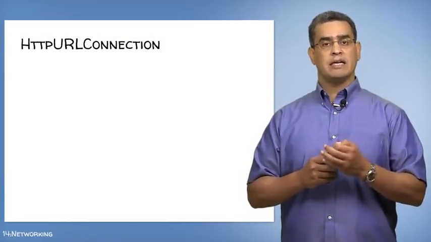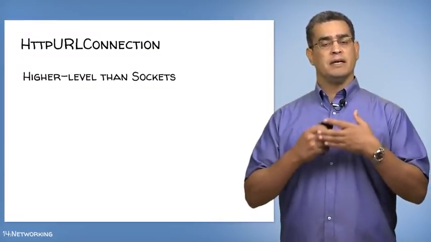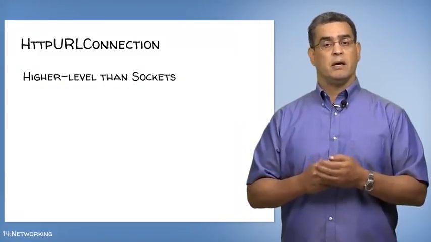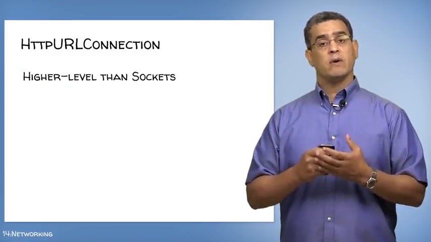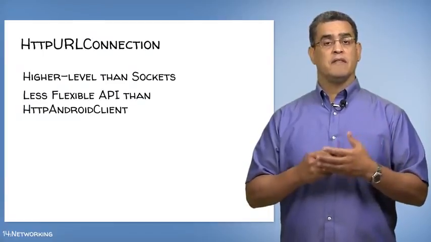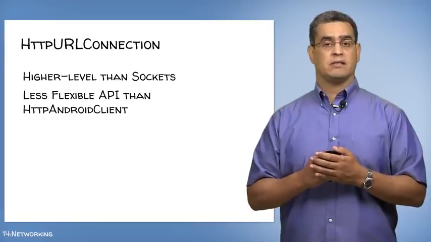The next implementation we'll look at uses the HttpURLConnection class. This class provides a higher level interface that handles more of the networking details than the socket class does. But as we'll see in a moment, it also has a less flexible API than our last option, the Android HTTP client class.